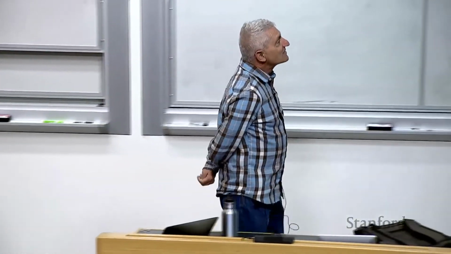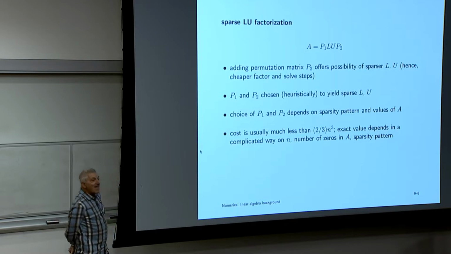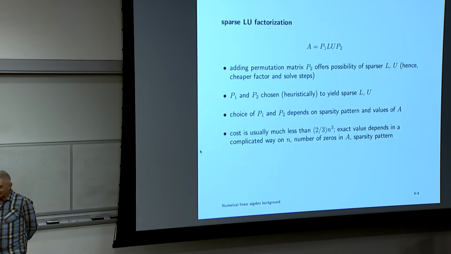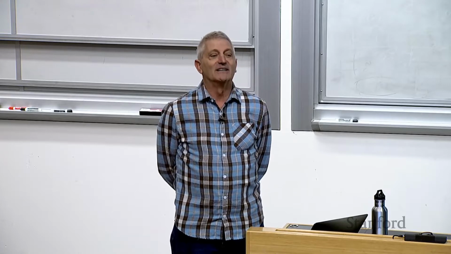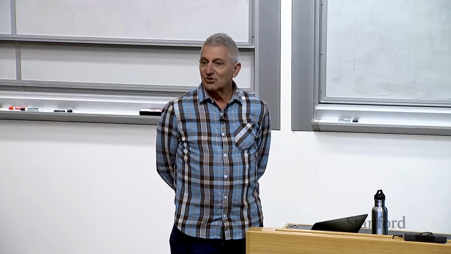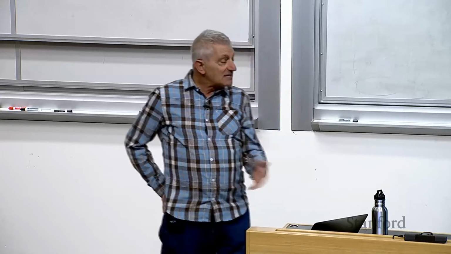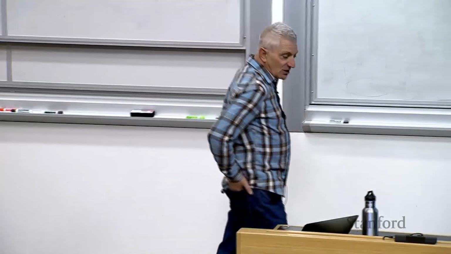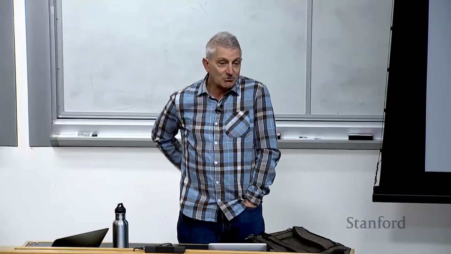Now, sparse LU factorization. This is super interesting. This is something everybody should know about. It's been developed since about the 1960s, and it's basically about sparse matrices. First of all, what are the data structures used to store them? Then there's a whole parallel universe of doing all the stuff you would do with so-called dense matrices, which are just stored as arrays.